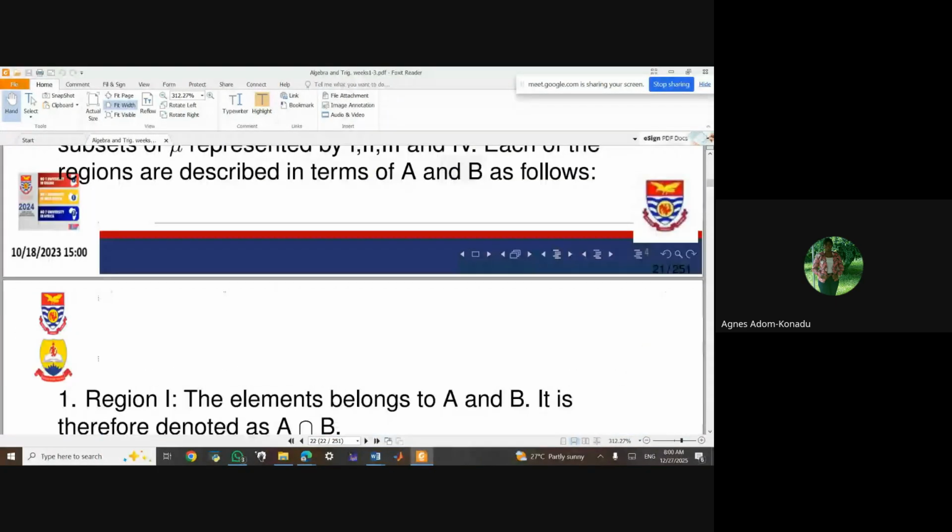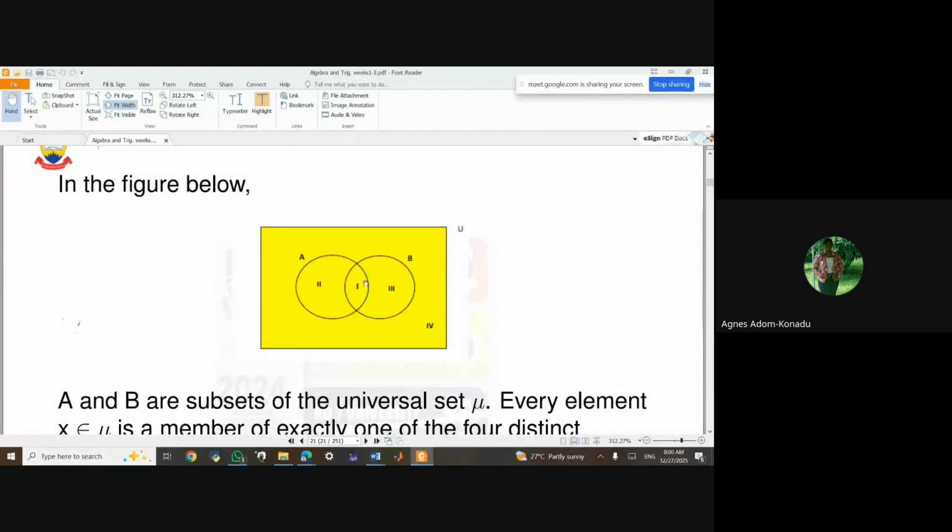I think we did this last time. Last week we saw that if two sets are not disjoint, then the number of elements in A plus the number of elements in B minus the number of elements in their intersection is equal to the number of elements in the union of A and B.